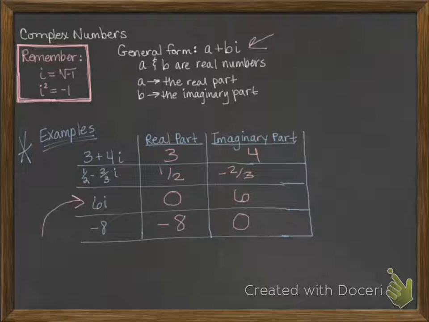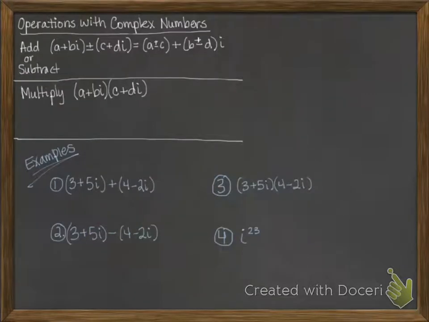The important thing that you need to remember, though, when we're adding and subtracting, and that's next, is that i is not a variable. We can treat things like ai and bi as like terms, but it'd be in the same way that we treat 4pi and 3pi as like terms. Pi is not a variable, neither is i.